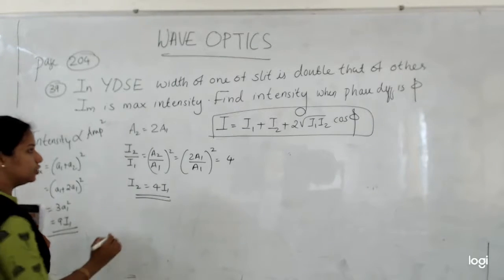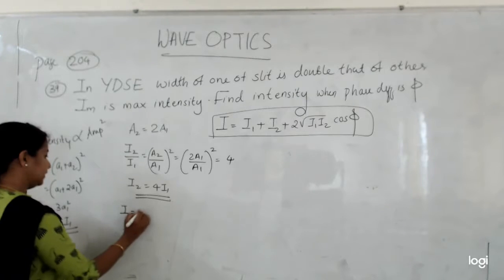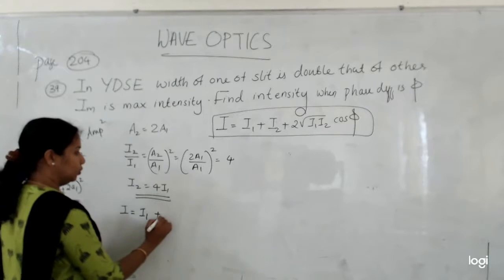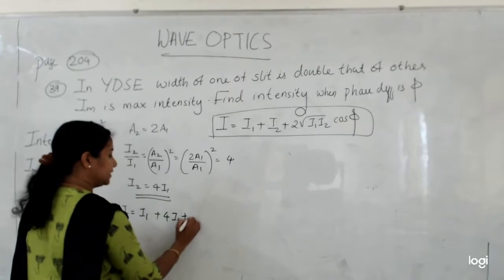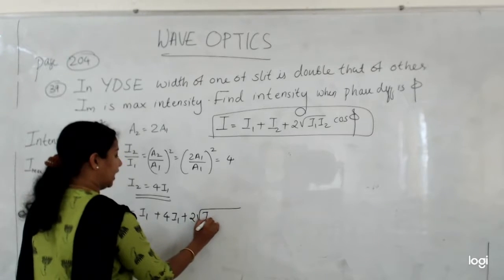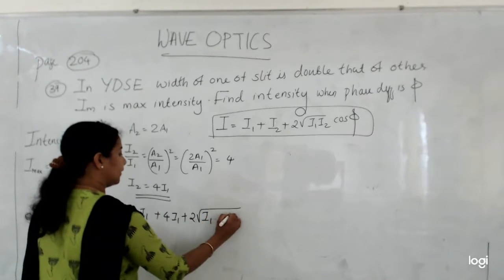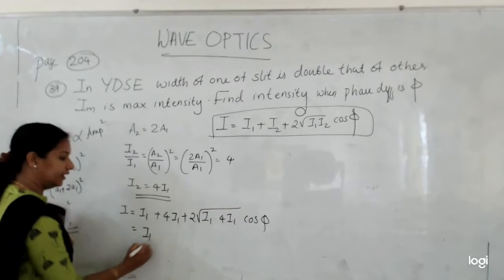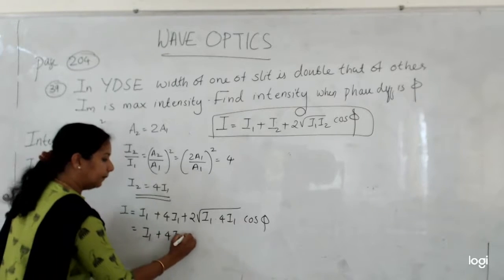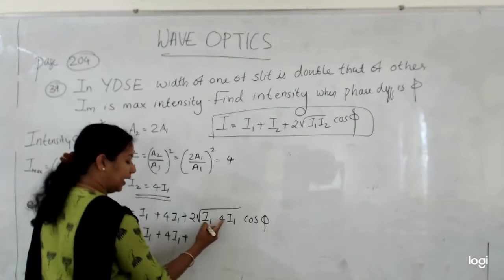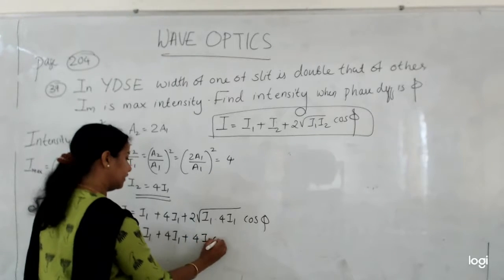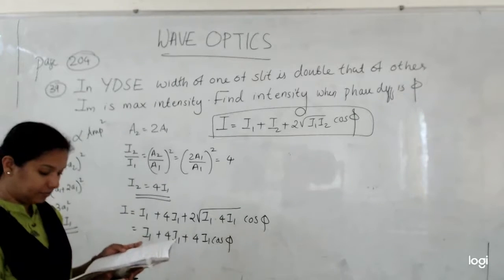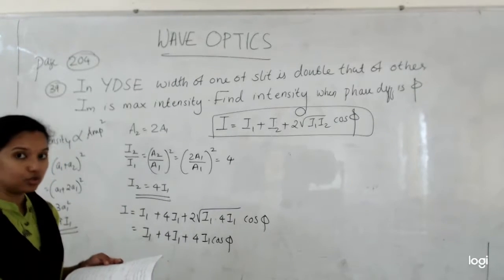Now I am going to substitute in that equation: I equals I1 plus I2, which is 4I1, plus 2 root over I1 times 4I1 cos phi. This I can write as I1 plus 4I1 plus 4I1 cos phi. Here you have to remember your option is in terms of Imax and 1 plus cos phi.